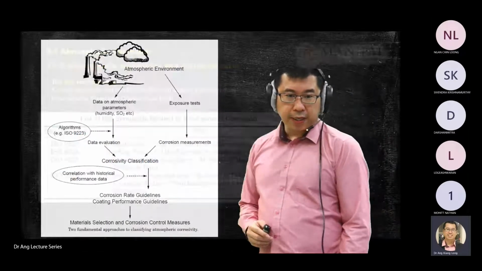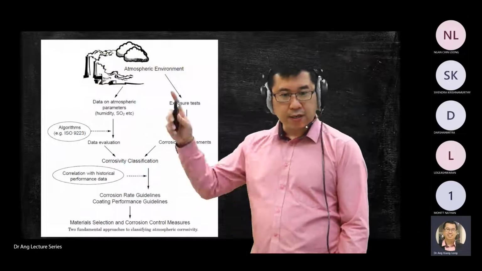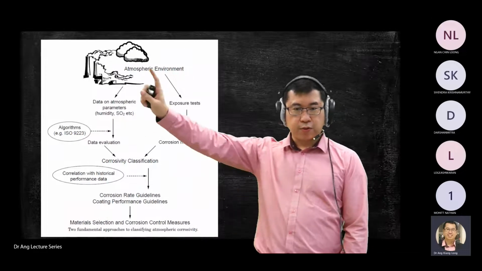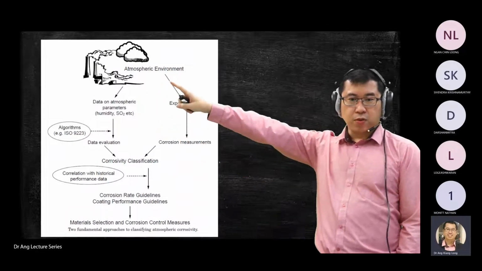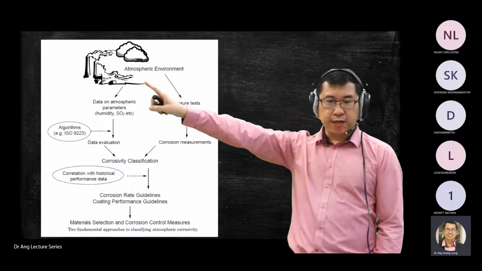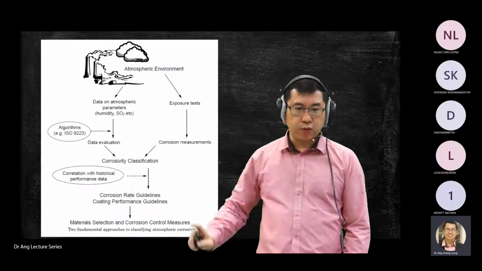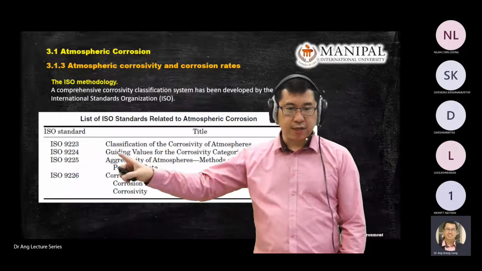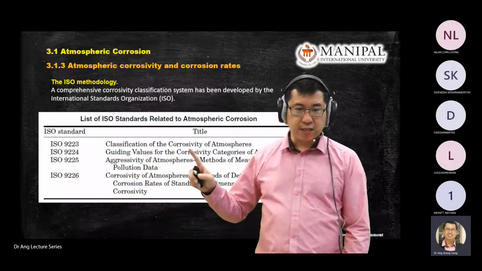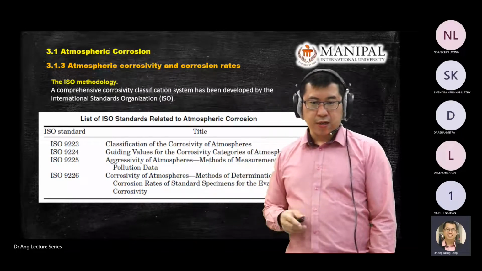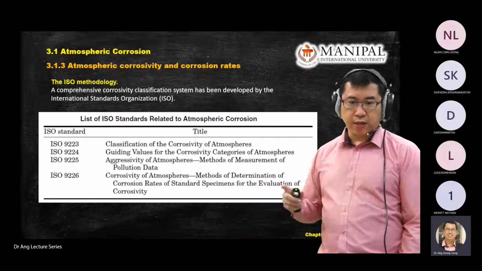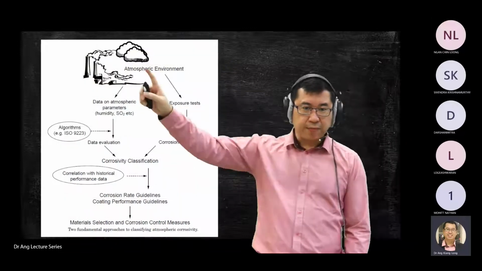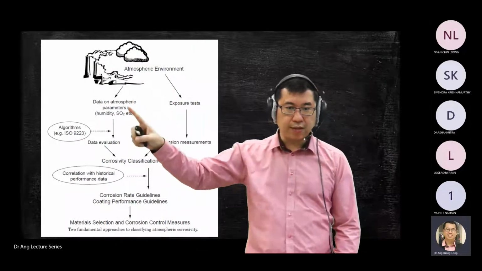Next one will be, this is how you apply the ISO standard, right? So you start from the upstream. Under the atmospheric environment, let's say you use ISO 9223. So refer back to this table. ISO 9223 is the classification for your corrosivity. So you start from the environment, then you do data collection.